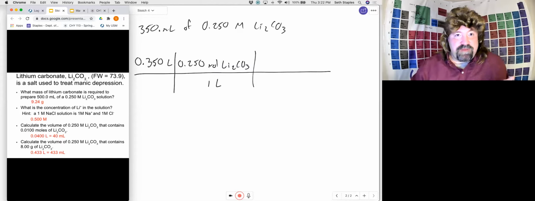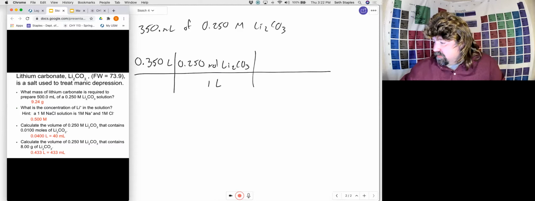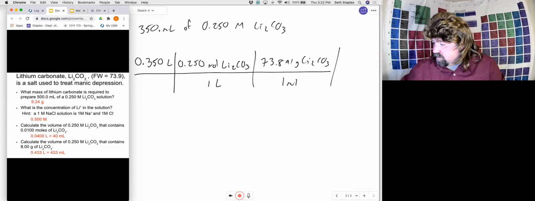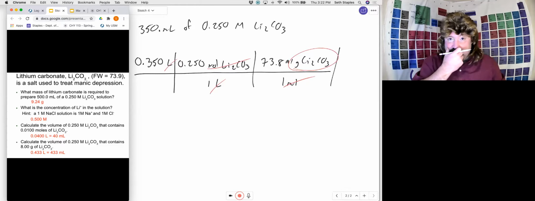And then my next step is just to use the molar mass of lithium carbonate, which I find to be 73.891 grams of lithium carbonate per mole. Looking at our units, liters have canceled out, moles have canceled out, and I'm left with grams, which is what I'm looking for.